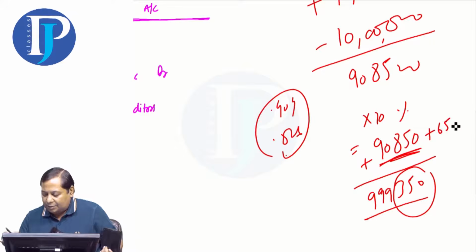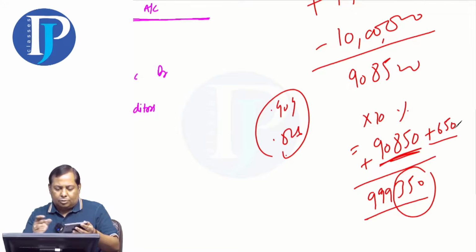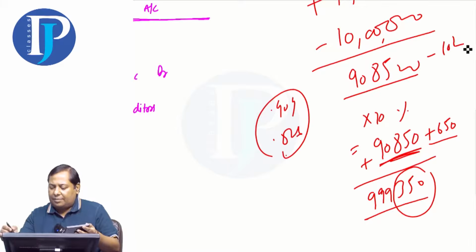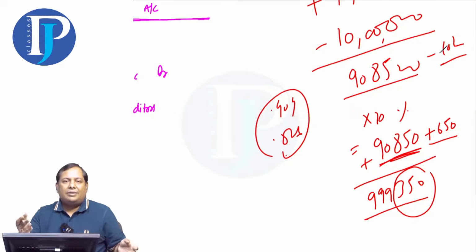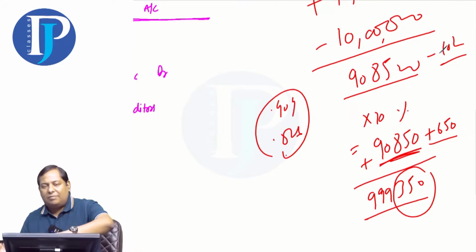And if I add 650 rupees to this for rounding off, it will become 91,500. And this will be a perfect match. The difference is approximately 650 rupees, due to the PV factor.